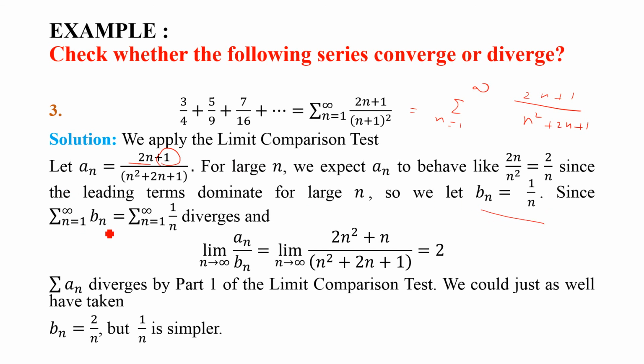Since sigma bn, that is sigma 1 over n, diverges, and this limit an over bn is equal to 2, which is greater than 0, sigma an diverges by part 1 of the limit comparison test.